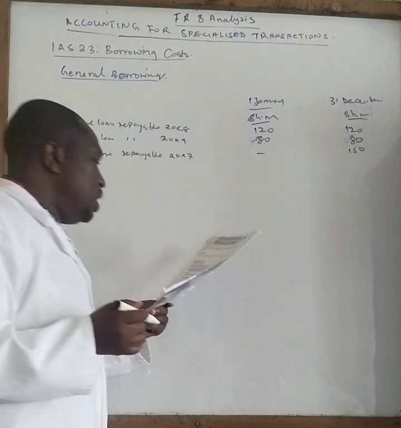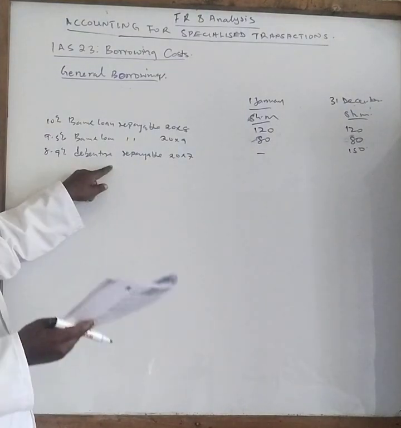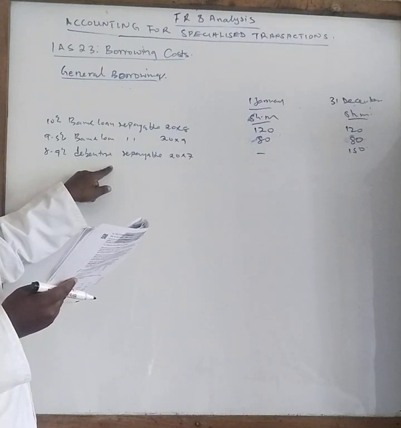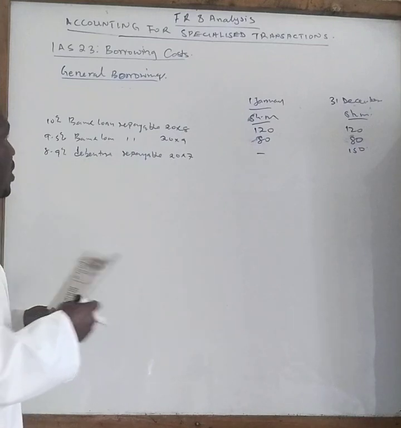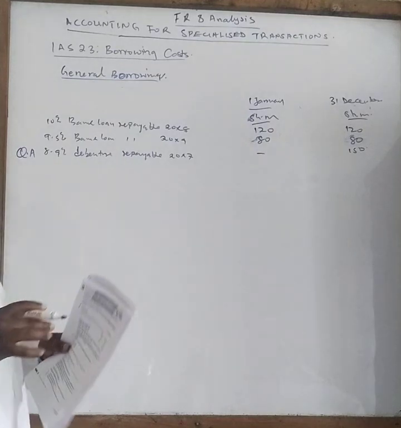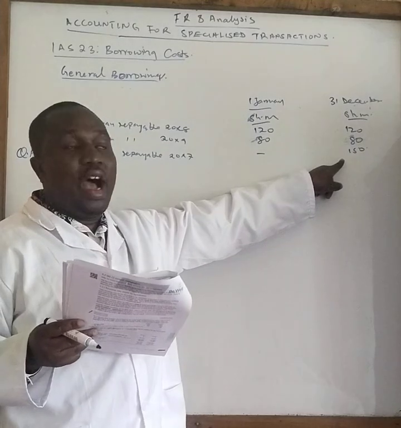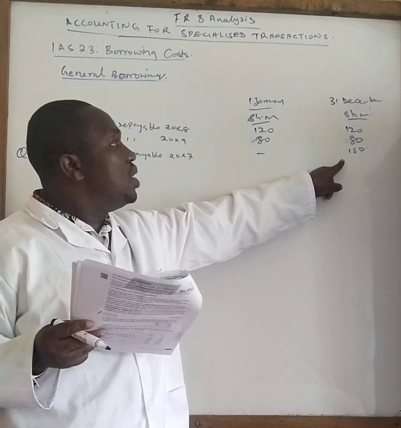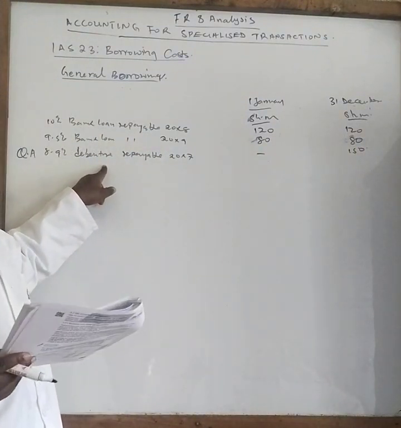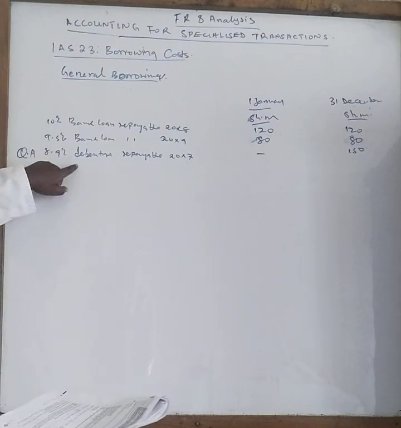The question is saying the 8.9% debenture was issued to fund the construction of a qualifying asset. So therefore, this amount here is a qualifying asset. That is what we have been told. And when we are now determining the rate of interest, we will not use the interest rate for the third loan, but we shall use the interest rate for the first loan and second loan, excluding the third loan.